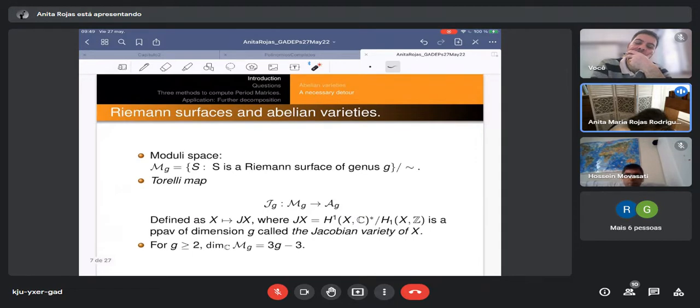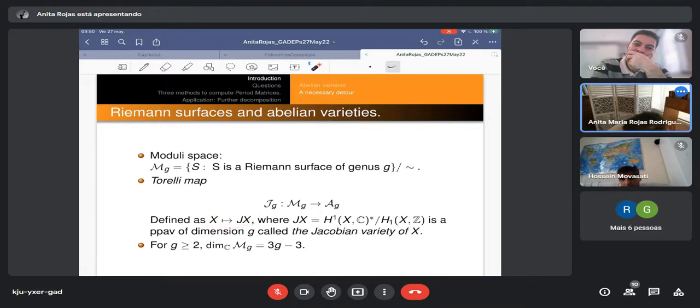Okay, and when you have a Riemann surface, you have a notion of isomorphism between them, and you can build the moduli space of compact Riemann surfaces of genus g, and you can inject that space into the moduli space of principally polarized abelian varieties by taking the so-called Jacobian variety of the Riemann surface.